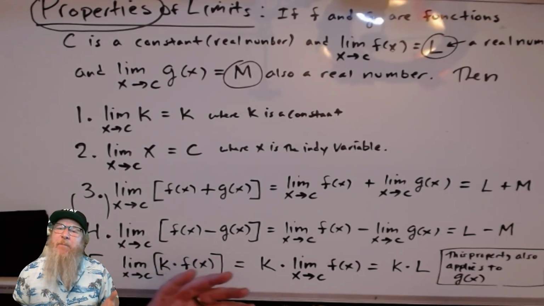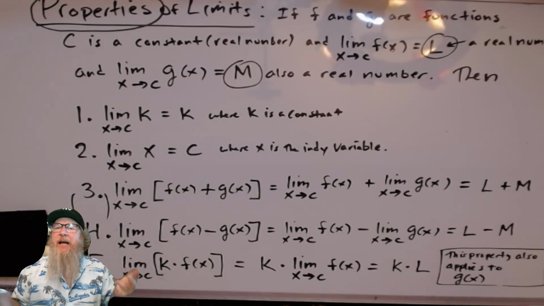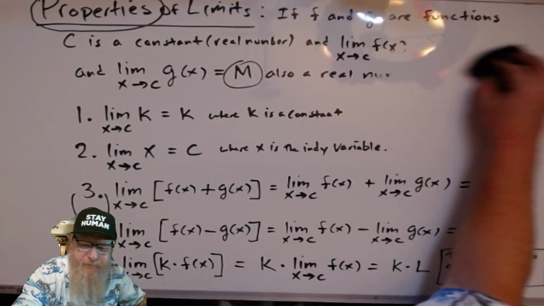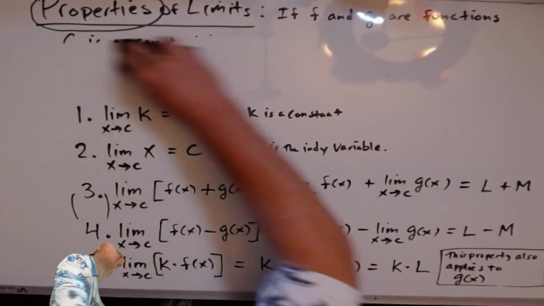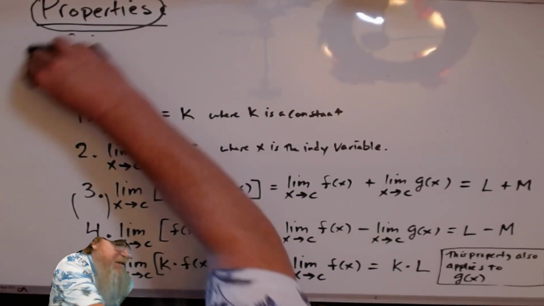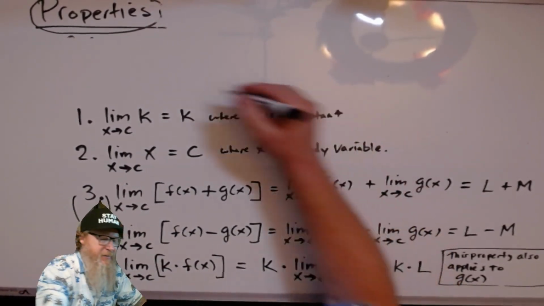I mean, a property is something that just is, right? And when I'm teaching, I want to make it very clear that a property can be thought of as a law. You must do this.